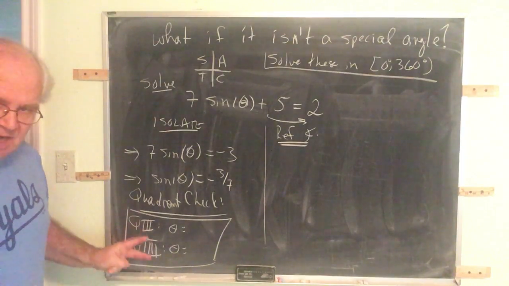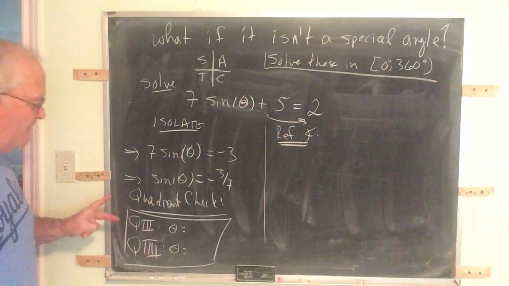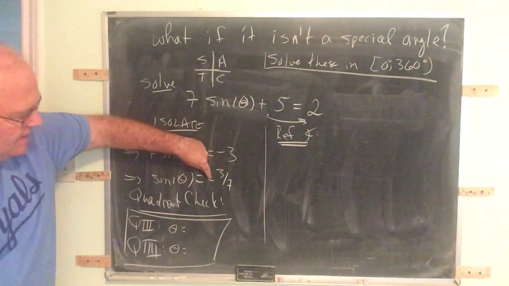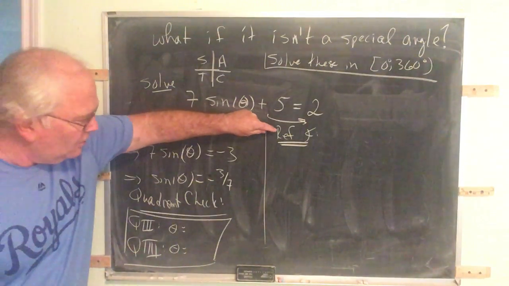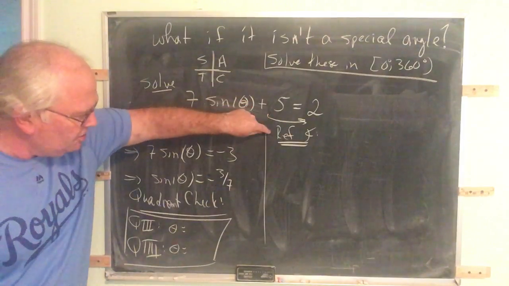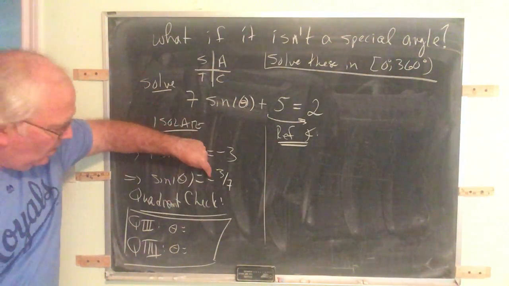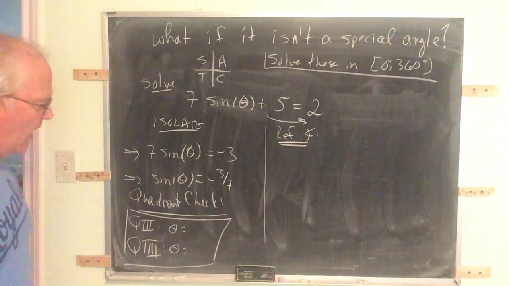I've said this every time, and now, finally, it's going to come into play. Once you have found the quadrants, it is as if this negative sign is no longer here. When you're searching for the reference angle, this negative sign is ignored. That makes a difference in some of the work we're going to be encountering.